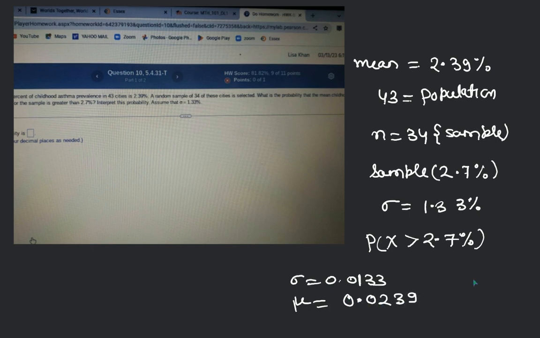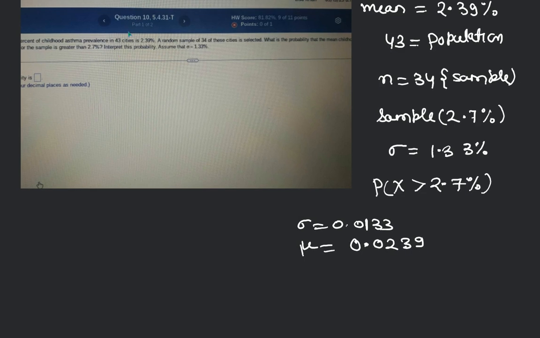Okay, let's understand this question. This is basically a normal distribution, right? Do you know what a normal distribution is? A little.